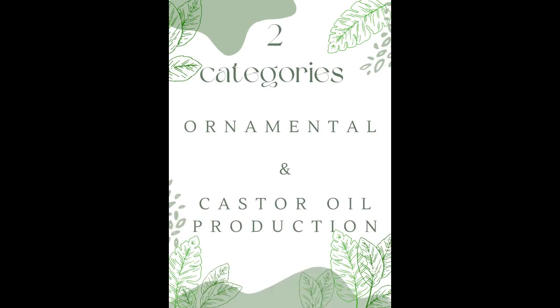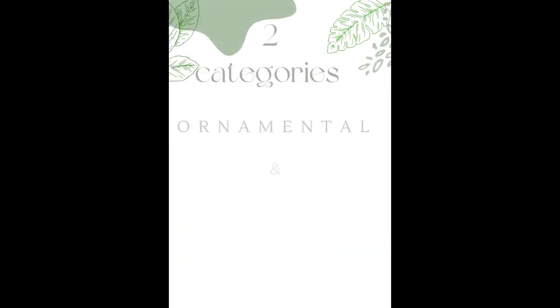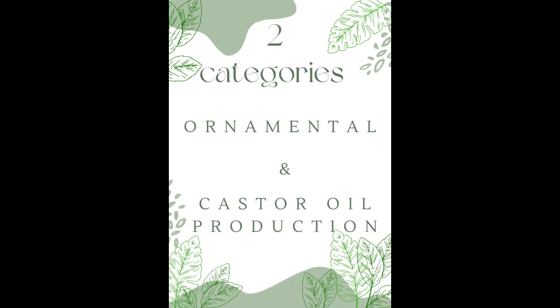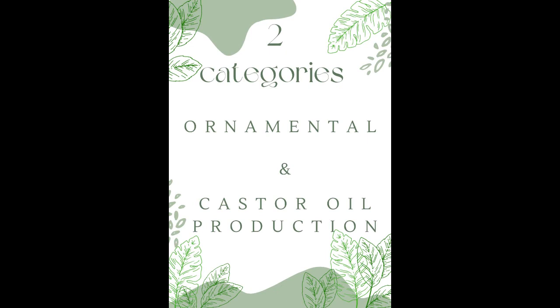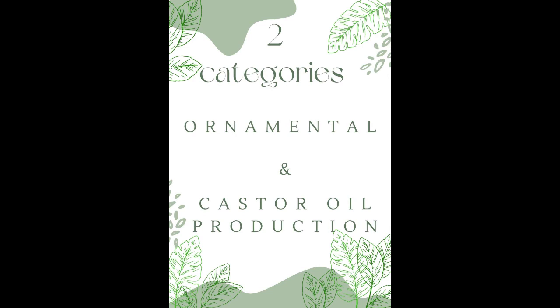Now, the first thing I'm going to talk about concerning castor beans are the varieties, the different kinds of castor beans. There are 2 main categories, rather than varieties really. The first category is called ornamental or garden plants.